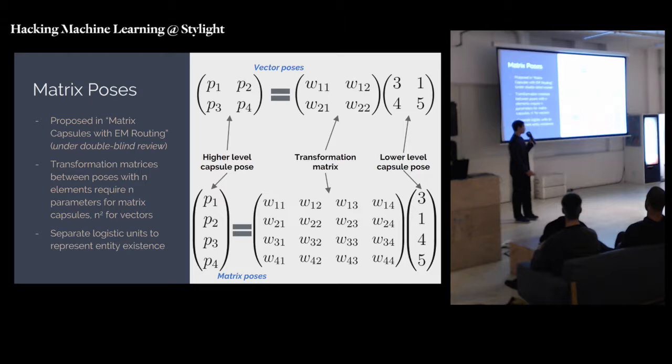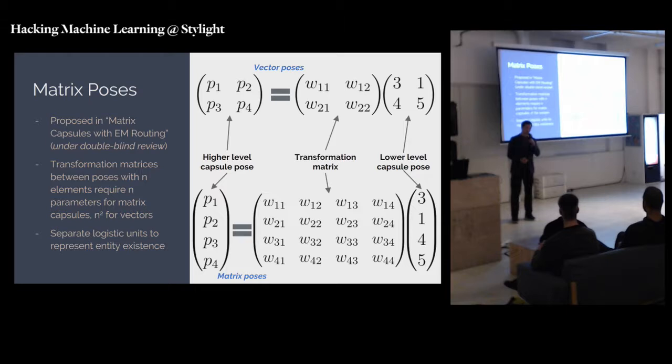You can imagine that if higher level entities are built up of a combination of lower level entities, then if all the lower level entities have the same pose, that doesn't necessarily mean that the higher level entity is even going to be in the same dimensional space as them.